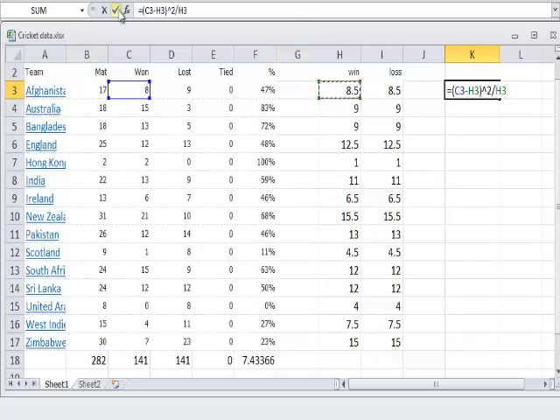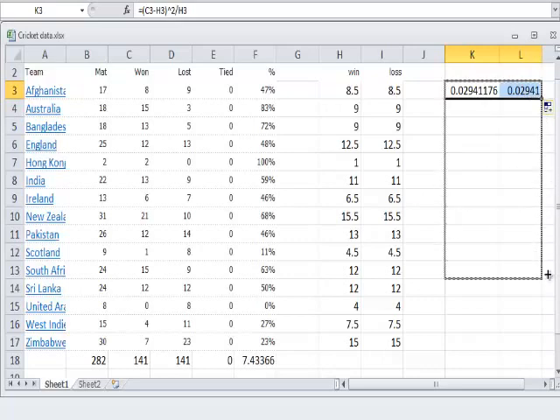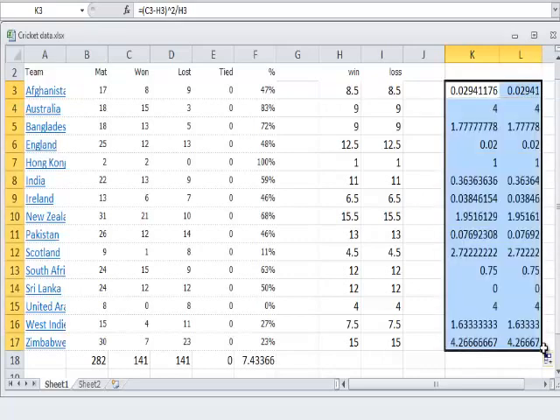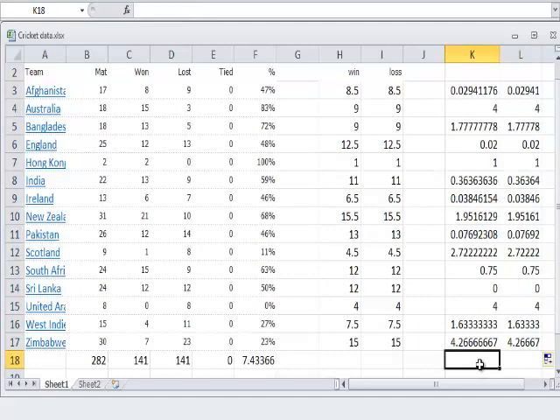So that's the entry for this cell, and now I can copy this over to the next cell, and then copy this down. And then I can just sum.